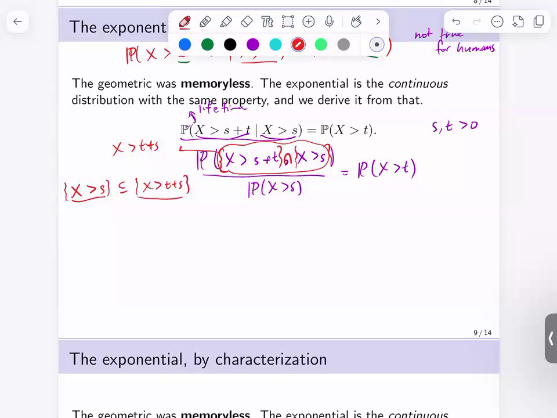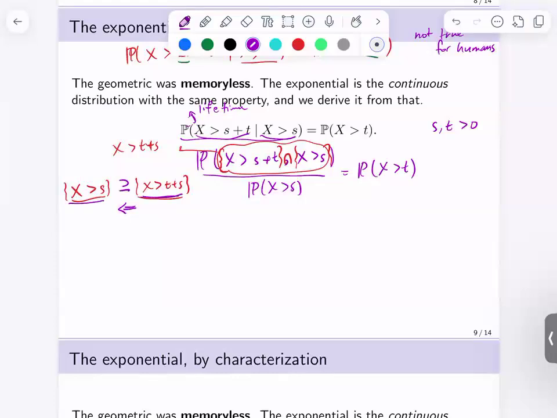Sorry, it's the other way around. If you live 80 years, you have lived 20 years. But if you have lived 20 years, it doesn't mean that you have lived 80. So the implication goes this way: if you live this much, then you have to have lived at least s.